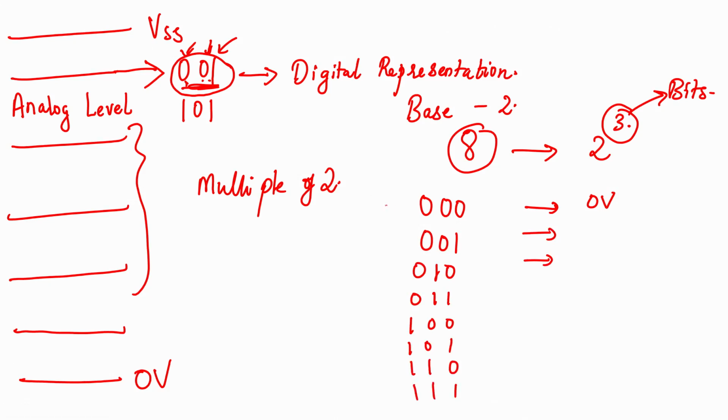So, you have 1 2 3 4 5 6 7 8. You have 8 levels, clear.